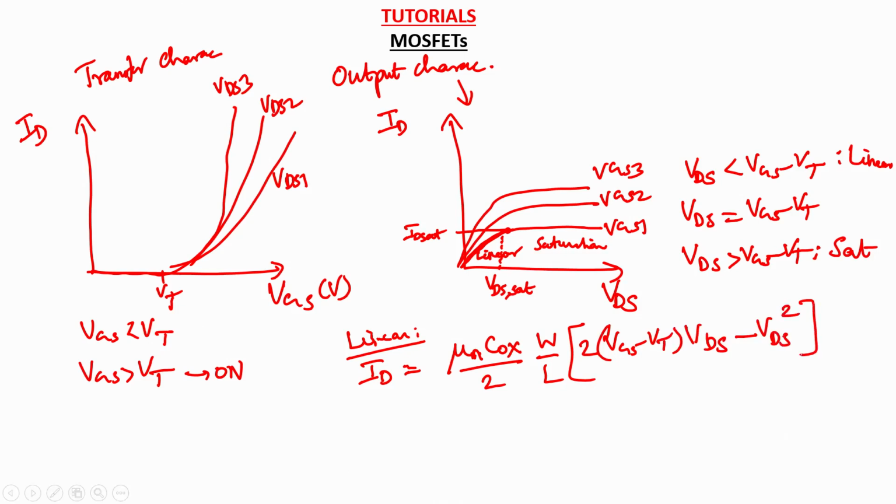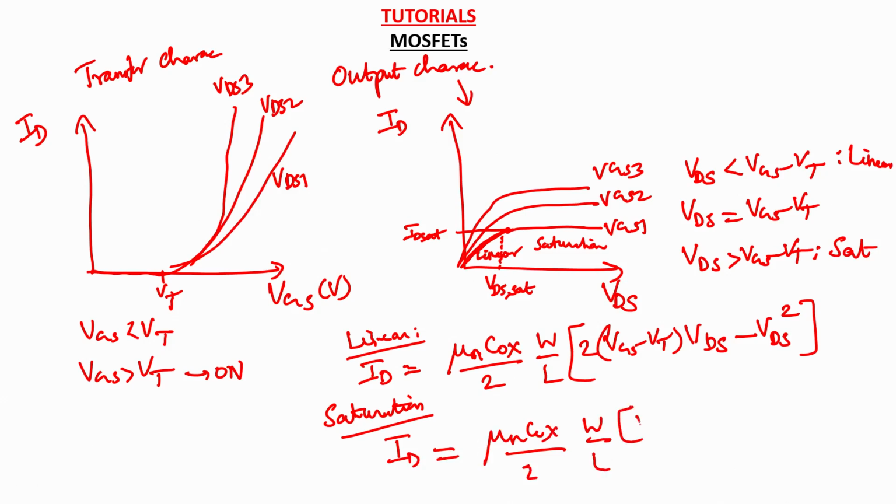So for very low drain to source values, you can see that the plot is almost a straight line, and in the saturation region you can see that the current equation looks something like this: ID equals mu Cox by 2 W over L into (VGS minus VTH) the whole square. So this is for the linear region, and this is for the saturation region.